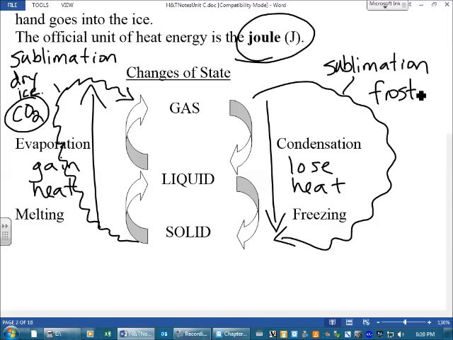So that's water as a gas mixed in with our air. And if there is a surface that's at a certain temperature, I don't actually know all the steps to it, but water as a gas or water vapor will crystallize on windshields, on various surfaces as frost, but it doesn't become a liquid first.